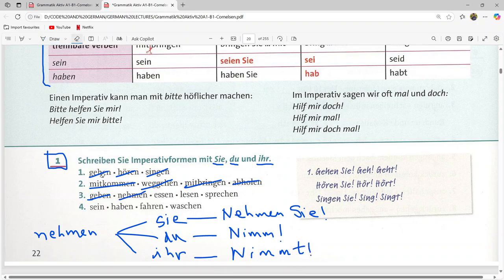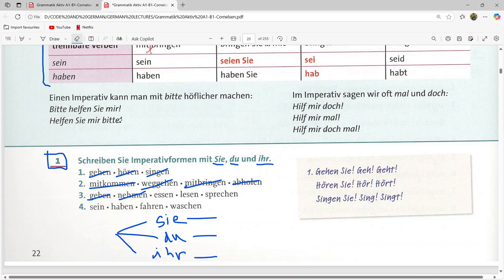Next verb is essen. Essen Sie. Then the du form of the verb essen is isst, right? Du form of the verb essen is isst, so st will not be used, it will be just iss.